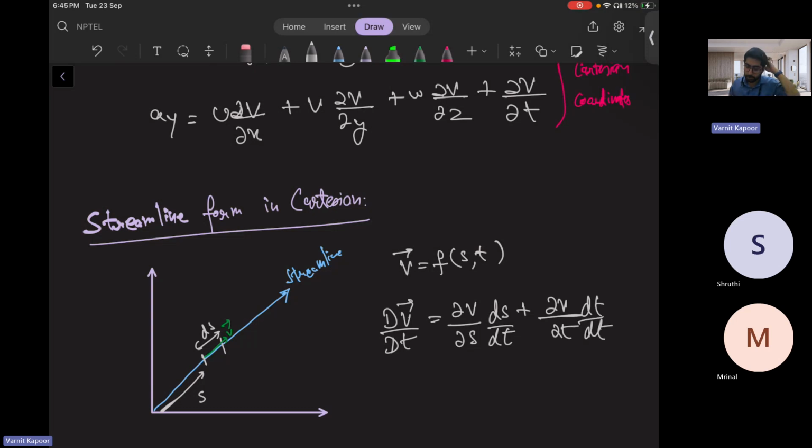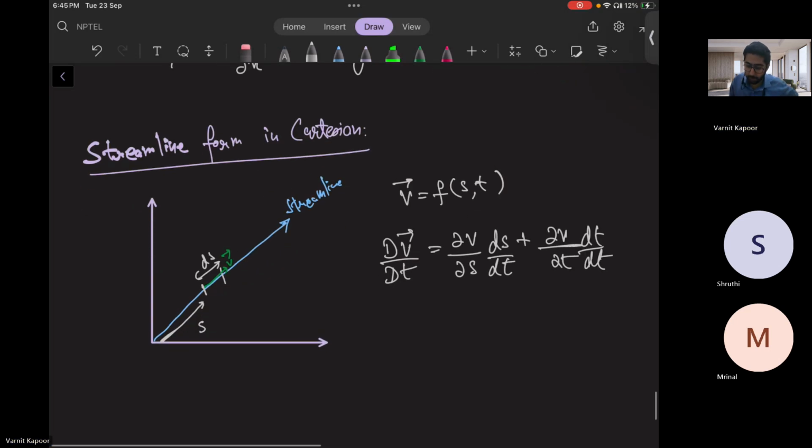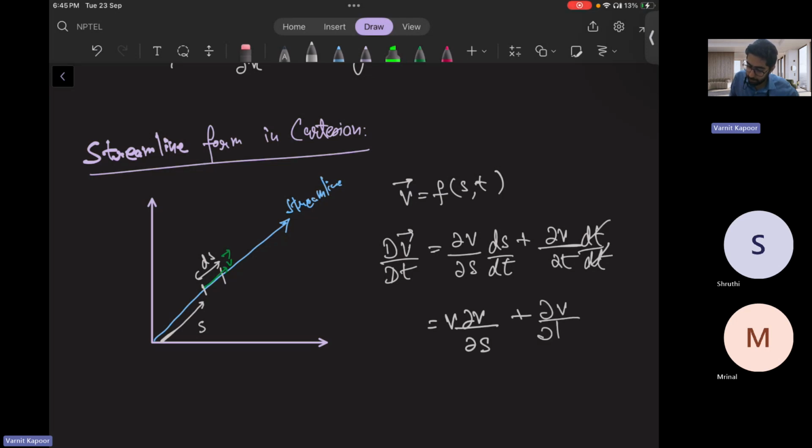Okay. So ds by dt is nothing but your velocity. This is V dV by ds, plus this cancels out, this is dou V by dou t in the streamline form. This is your net acceleration. Okay.